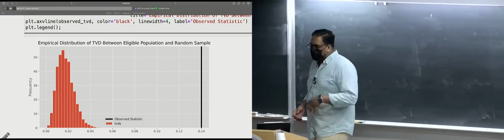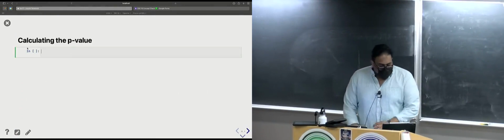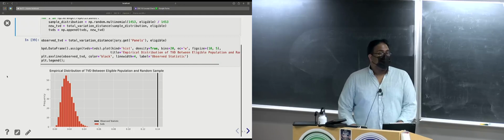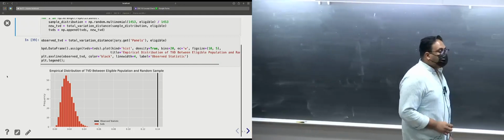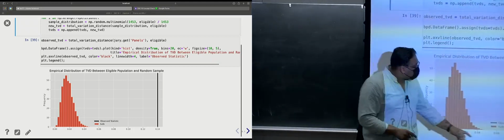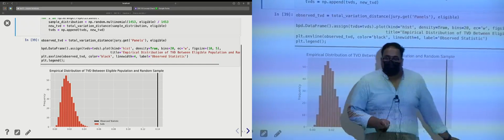Okay, so in this case, we would reject the null hypothesis. So it's pretty clear what the p-value will turn out to be here. What do you think the p-value will be? Right, it's 0, because the p-value, its formal definition, is the proportion of test statistics that were equal to your observed one or more extreme in the direction of the alternative hypothesis.